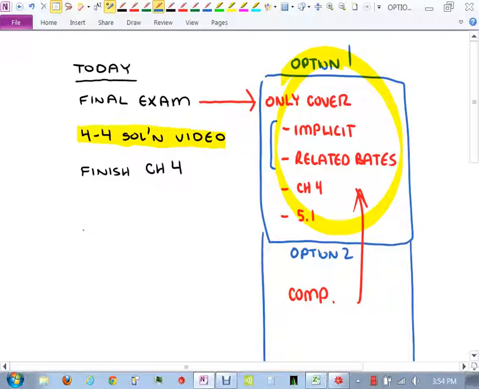Okay, I'm going to say for 4.6, why don't you try number 7? And number 13. 13 is a good one because on 13, here's the equation.